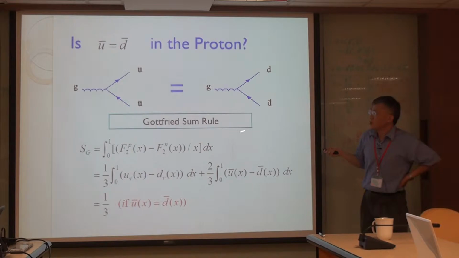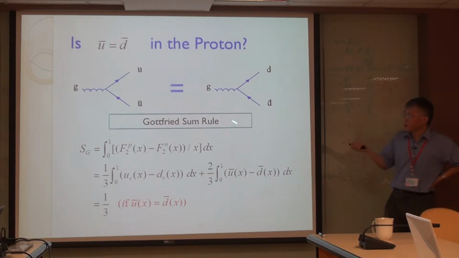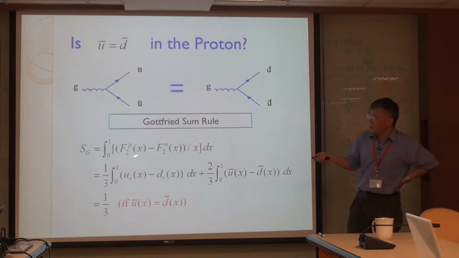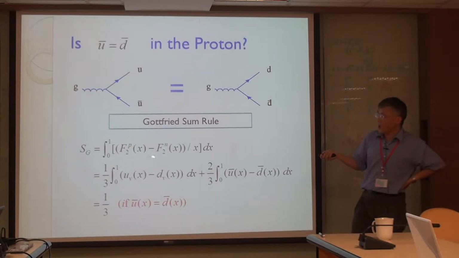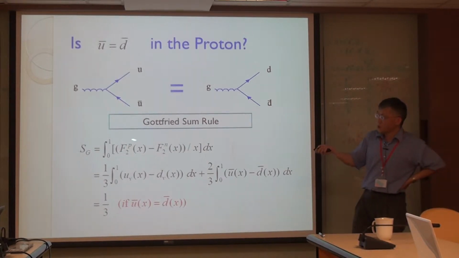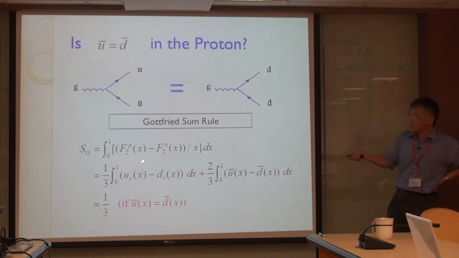Okay. So experimentally, what you can do is the well-known Gottfried sum rule. You experimentally measure the F2 structure function using the proton, minus the F2 structure function using the neutron, and perform the integration. In the parton model, it can be split into two parts. The first part is contributed by the valence quark difference between proton and neutron.